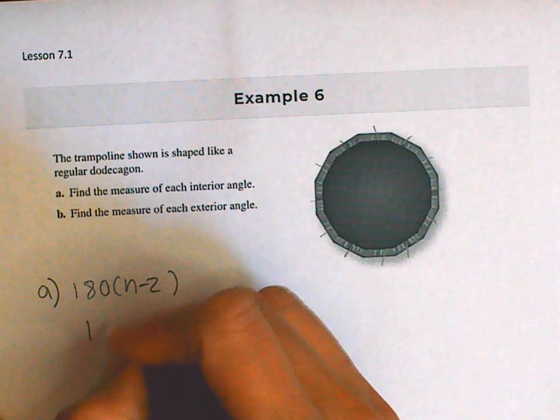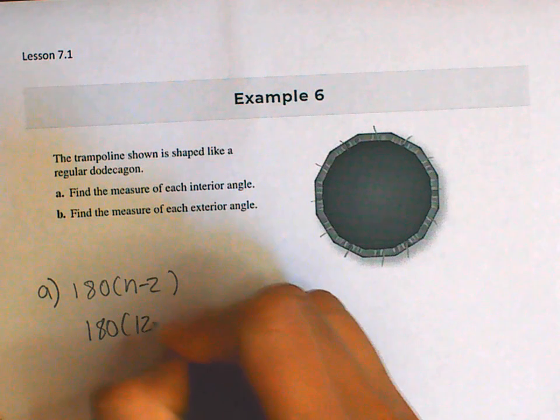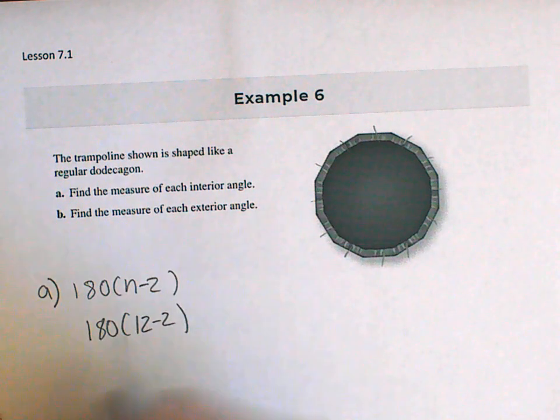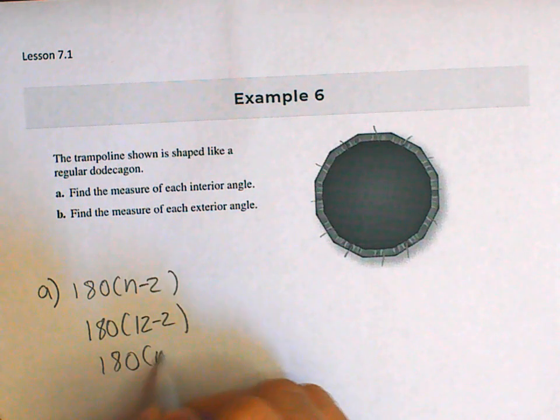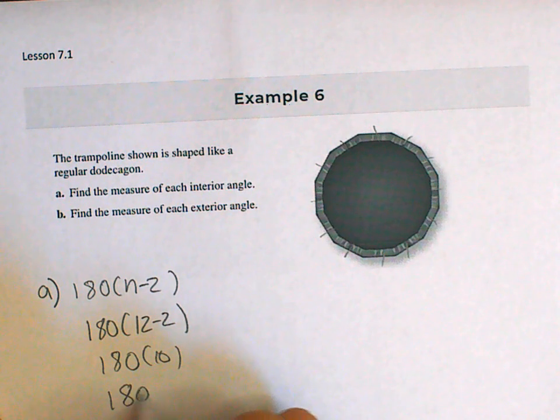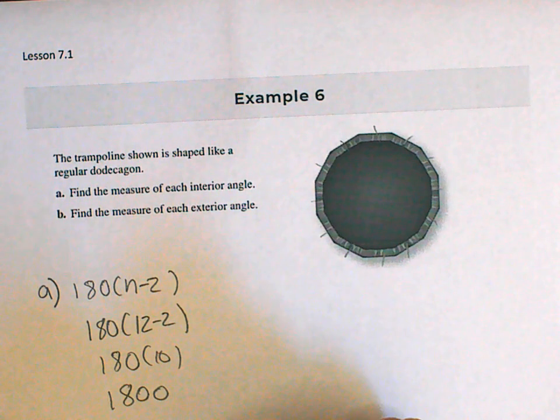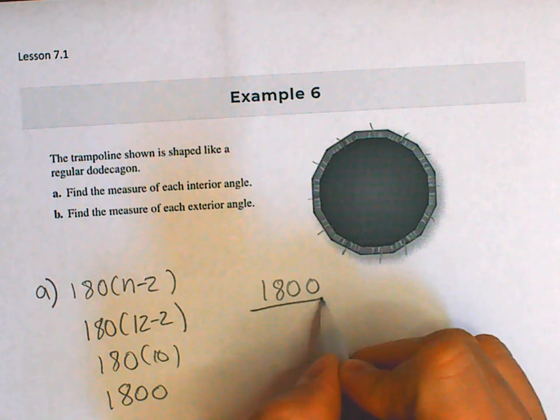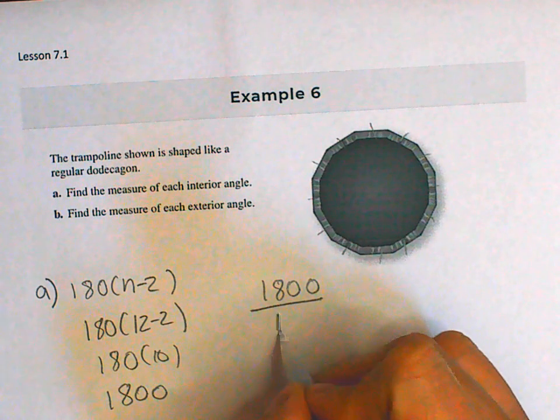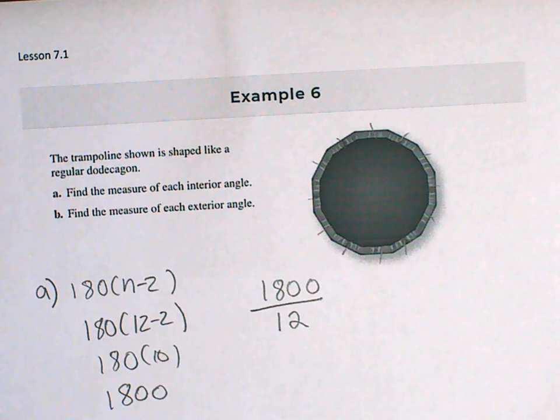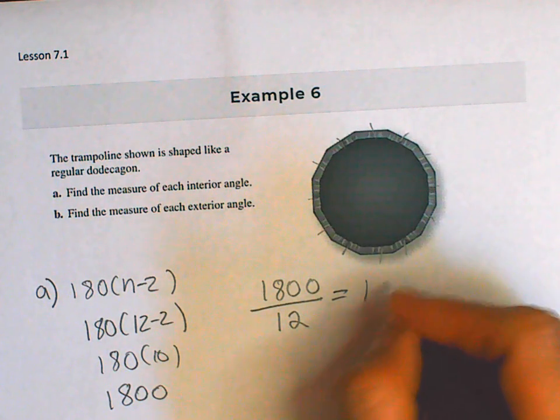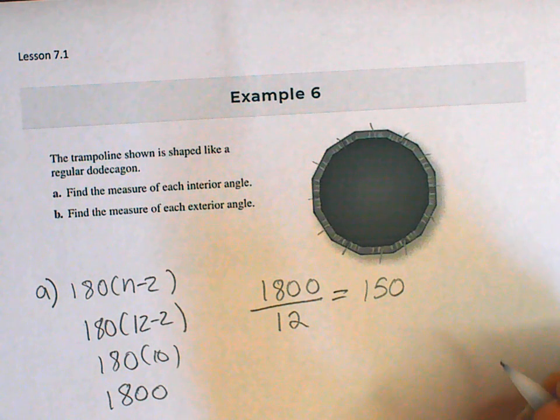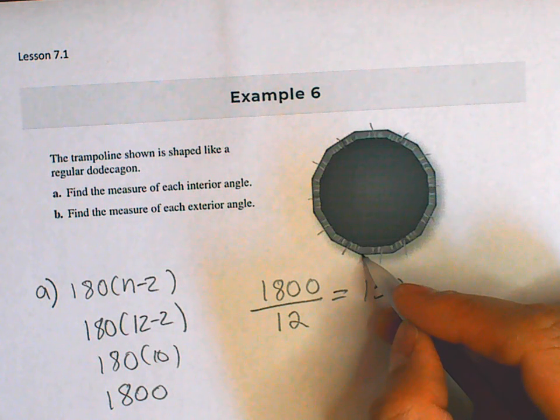So n equals 12. That gives you 180 times 10, which is 1800. That's the sum of all the angles. To find one interior angle, I divide this by the number of sides, which is 12. So 1800 divided by 12 gives you 150. So the interior angle is 150.